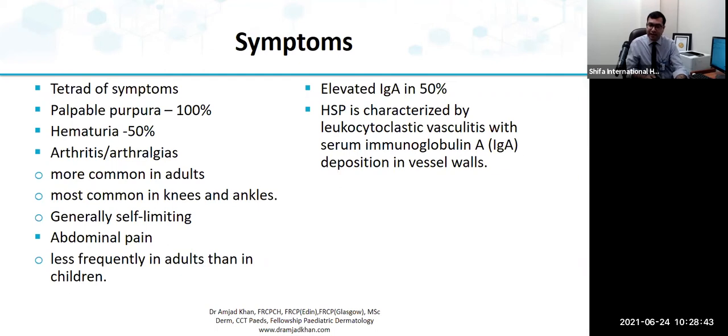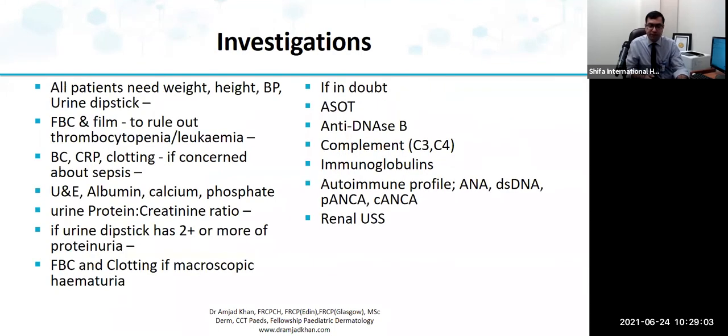And now labs. What do we need to do? Well, yes, we know elevated IgA, but do we need to do IgA to diagnose HSP or a skin biopsy? Sometimes we have to revert to that if there is diagnostic uncertainty, or even kidney biopsy, renal biopsy.